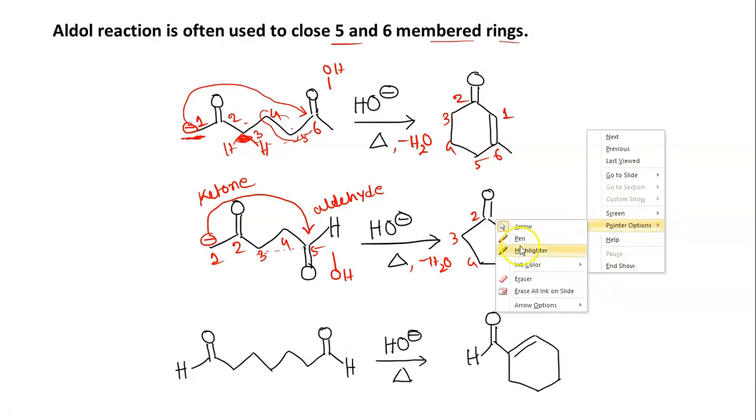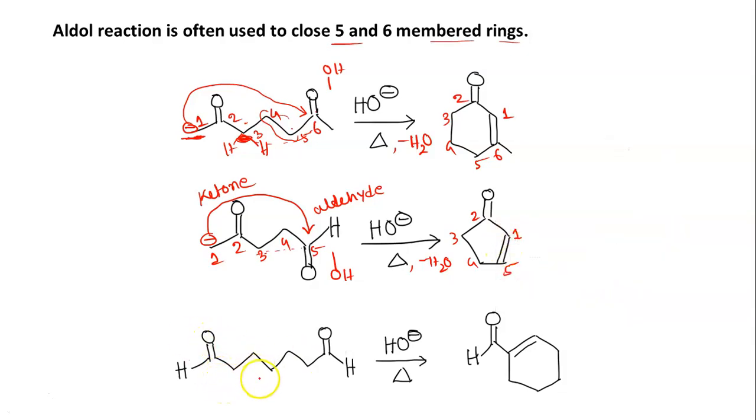Last example, this is also symmetric. Now you can generate the negative charge on either side, it doesn't matter. If it is generated here, it will attack at this carbon. This is 1, 2, 3, 4, 5, 6, 7.